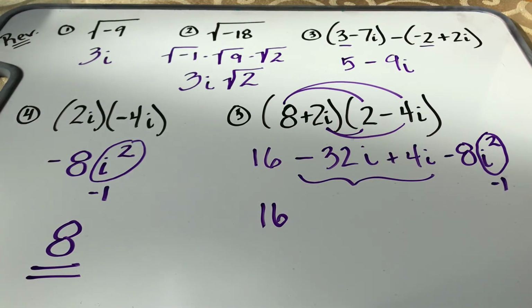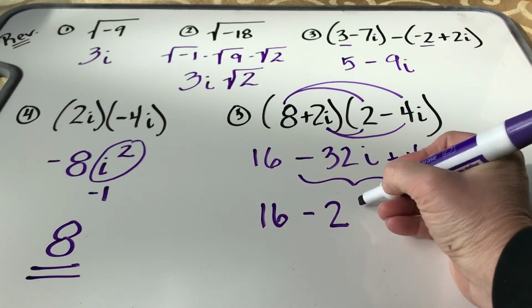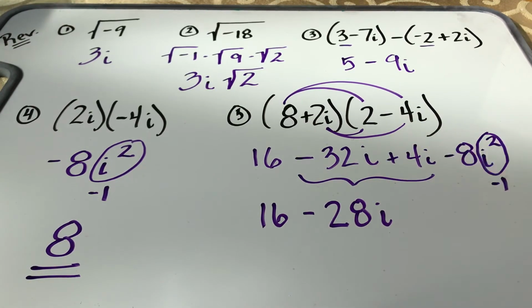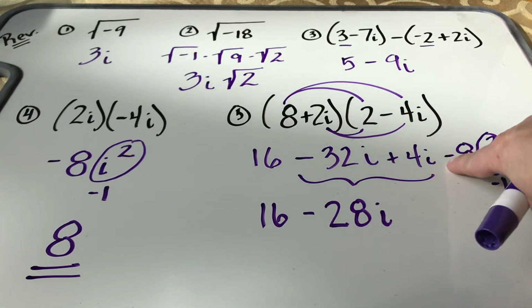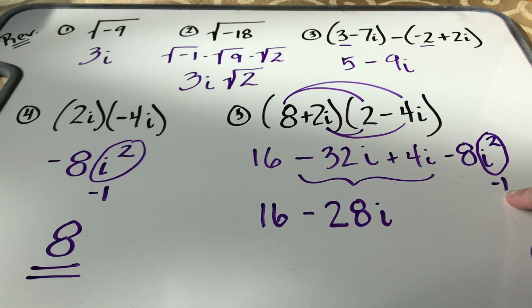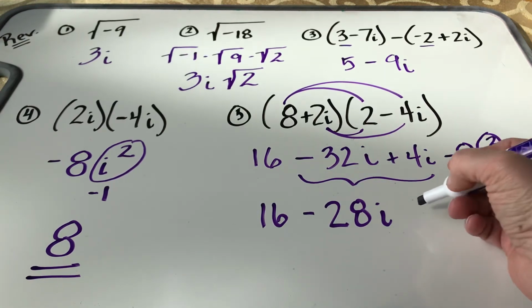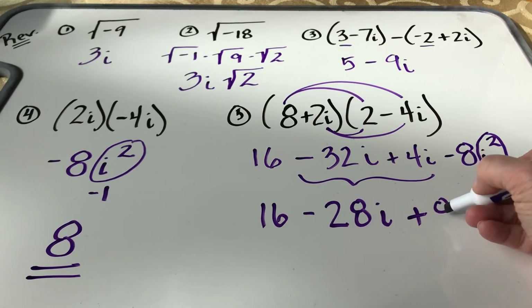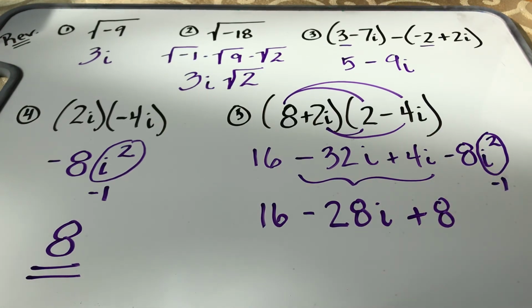We have a negative 32 plus a 4, so we got negative 28i. Here my i squared was negative 1. That means we have a minus 8 times a minus 1. Negative times negative means that would become positive, and that's just positive 8.